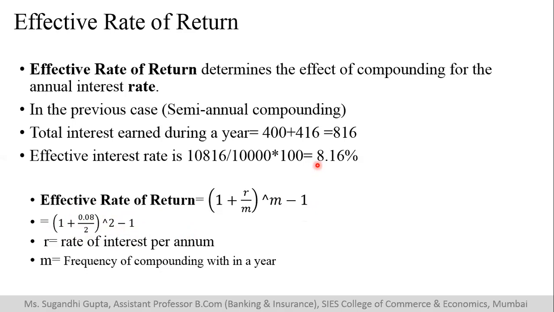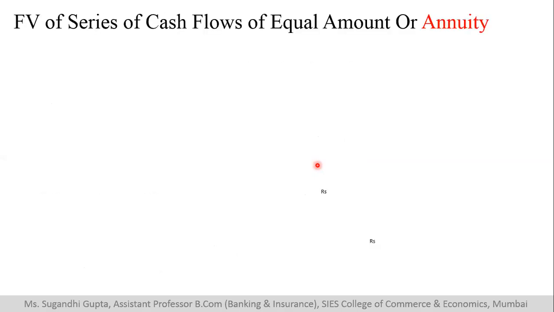These are few of the cases in single cash flows. Now let us look at multiple cash flows. So the future value of a series of cash flow we want to calculate, and that too of equal amount, or annuity.